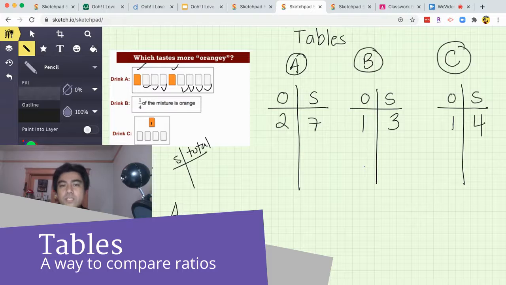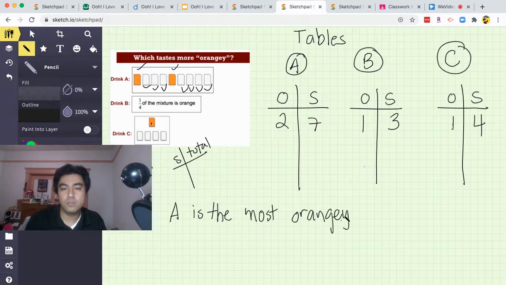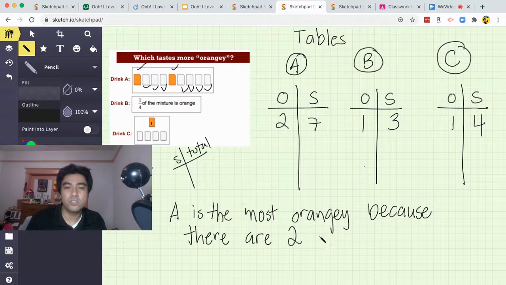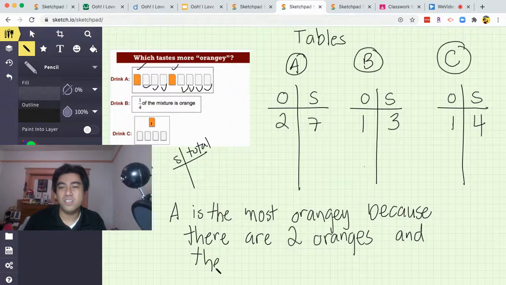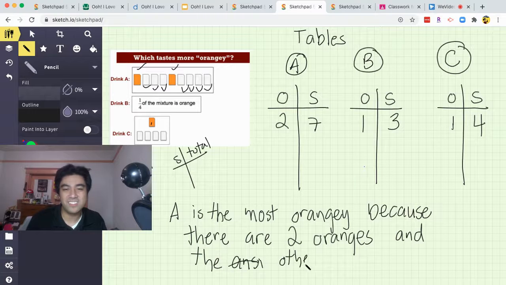Now, what if we just said that drink A is the most orangey because there are 2 oranges, and the others have 1.